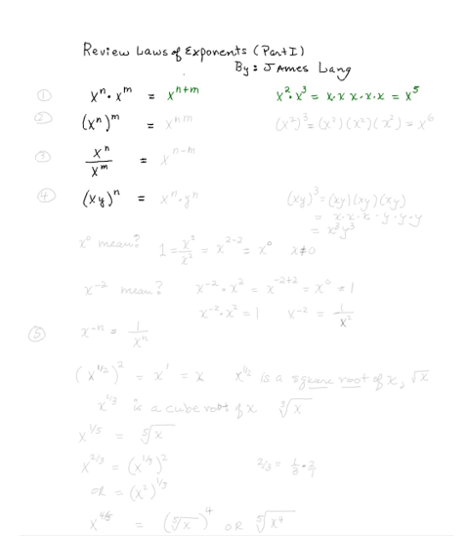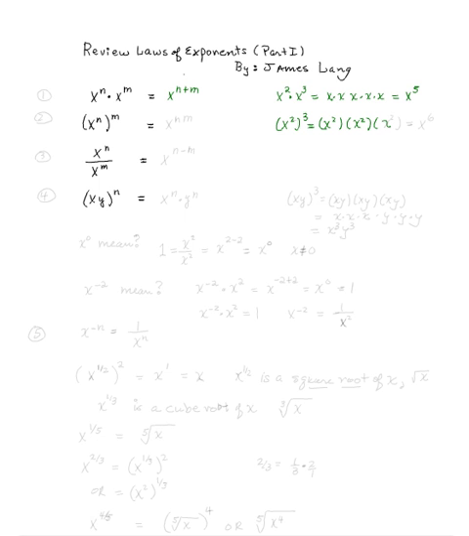Now, you could do the same thing if you weren't sure about the second one. You could say x squared raised to the 3rd power. Well, anytime you raise something to the 3rd power, that means you write 3 factors of it and multiply them together.